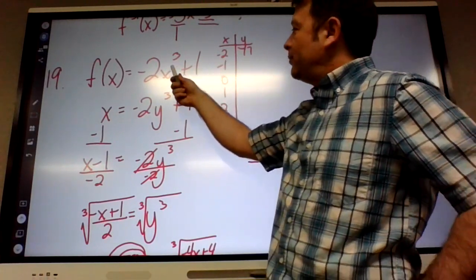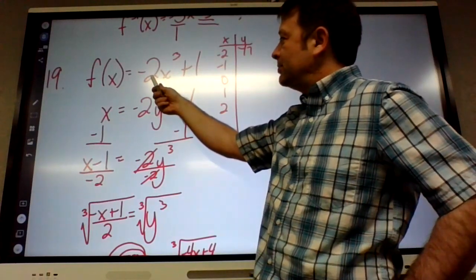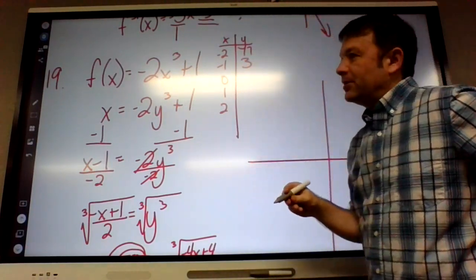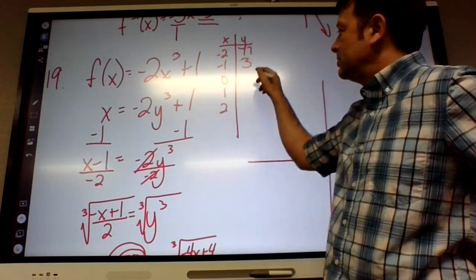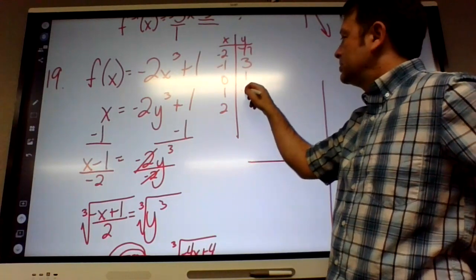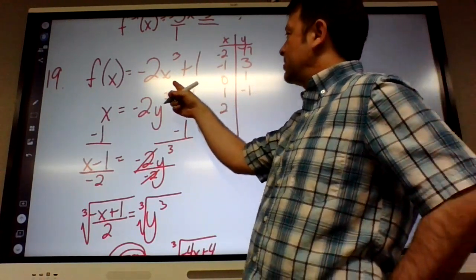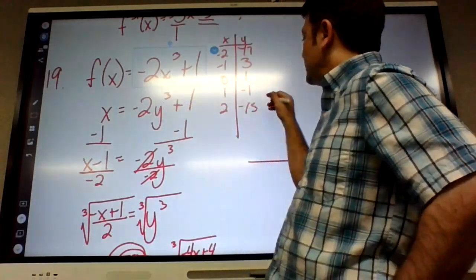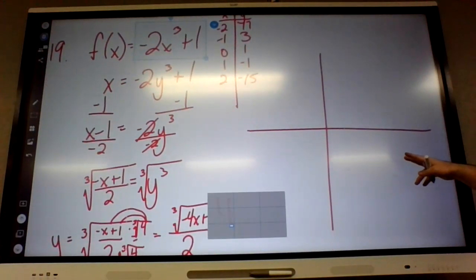But if I plug in negative 1, cubed is negative 1 times negative 2 is 2 plus 1. That should fit on our graph. If I plug in 0, that's 0 plus 1. If I plug in 1, that's negative 2 plus 1. And if I plug in 2, it's something giant again, so it's not going to fit. That'd be negative 16 plus 1, like negative 15. Okay, so really only the middle 3 are going to squeeze in there.